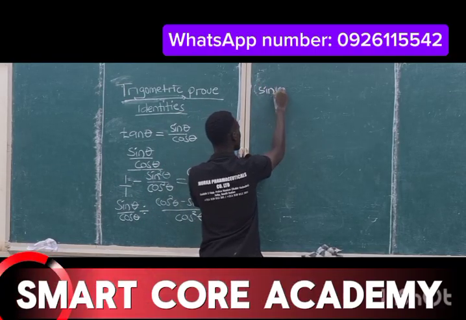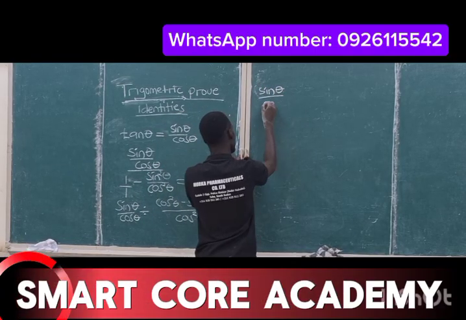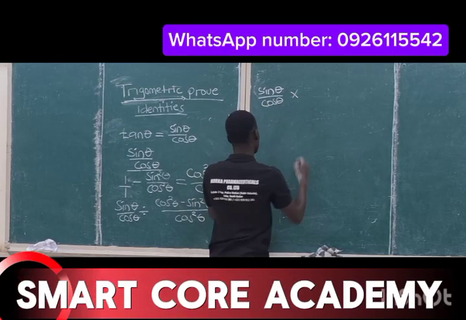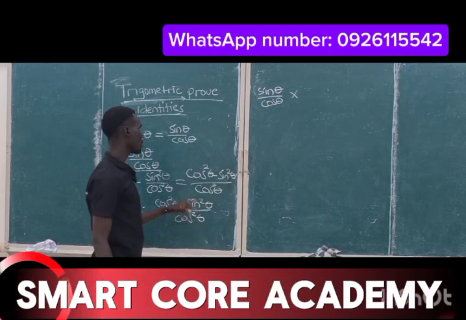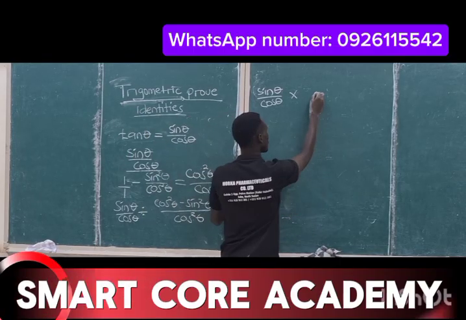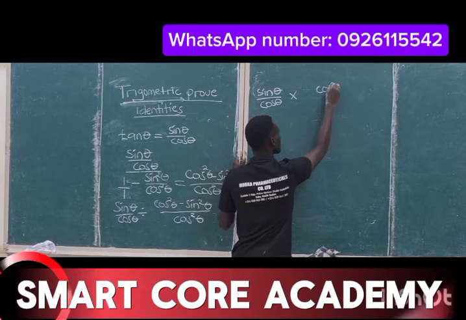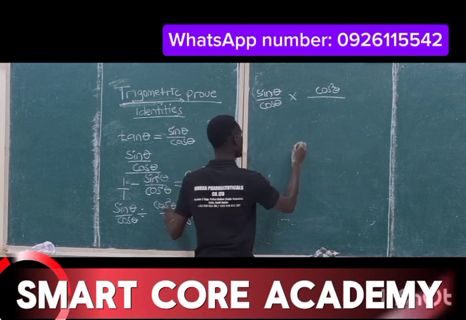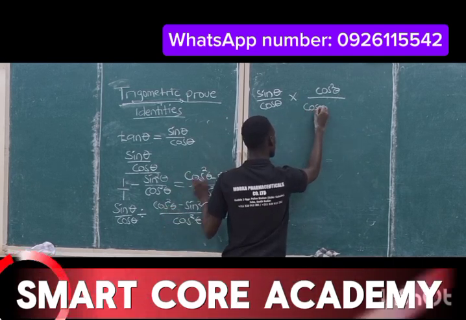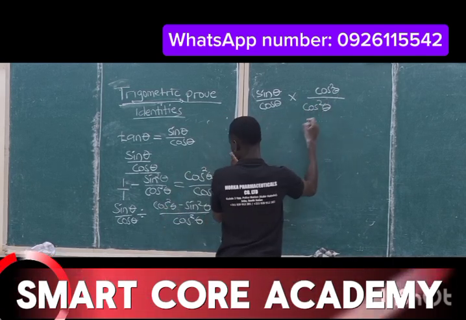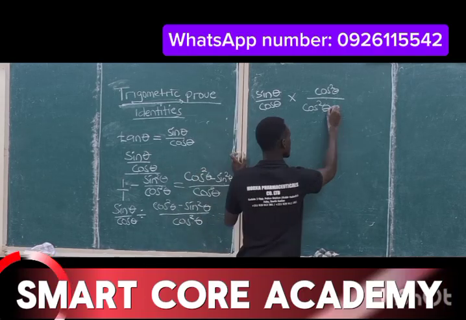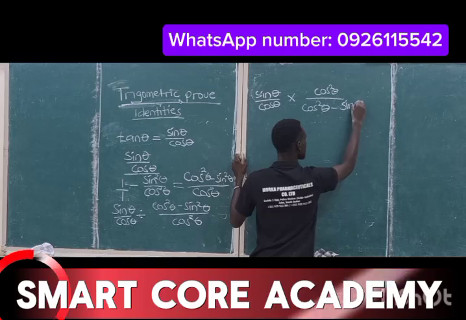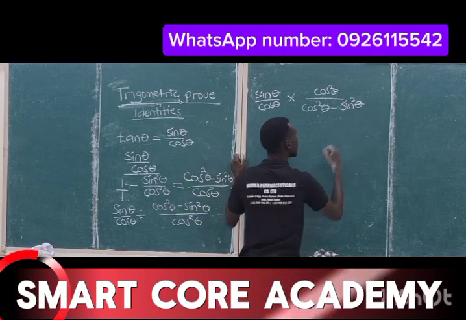Sine theta all over cos theta times, this one comes on top while the other one comes down: cos square theta all over cos square theta minus sine square theta.